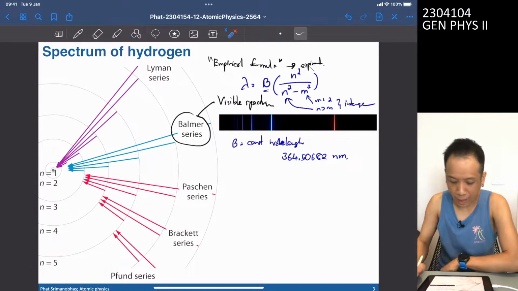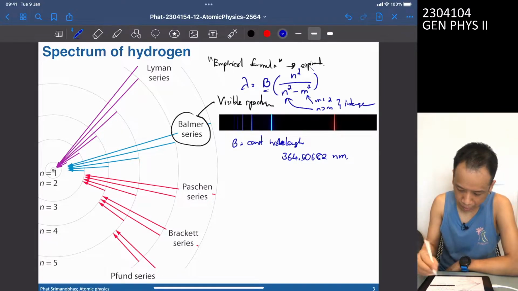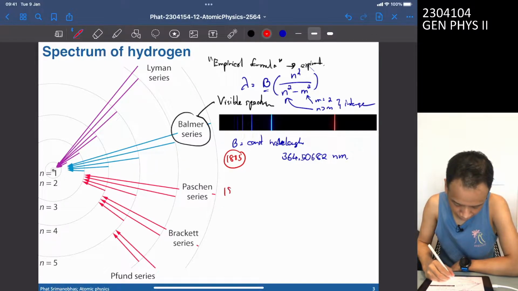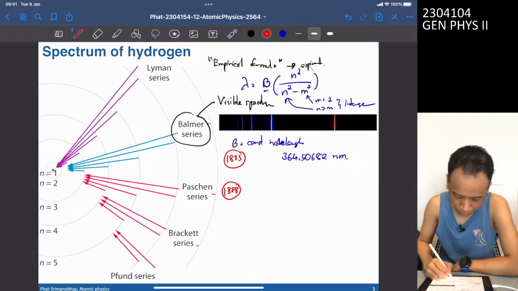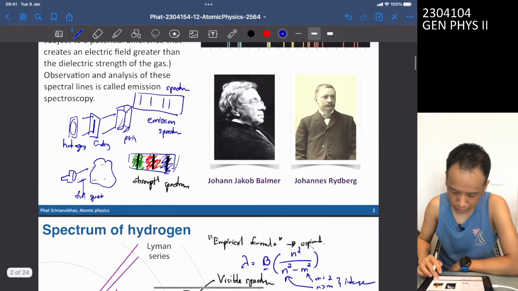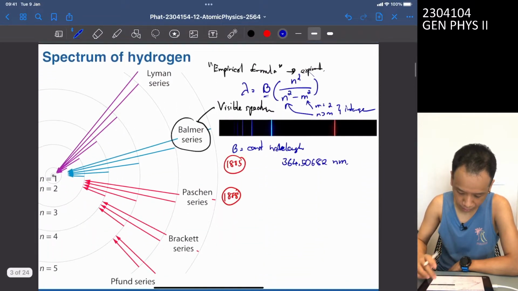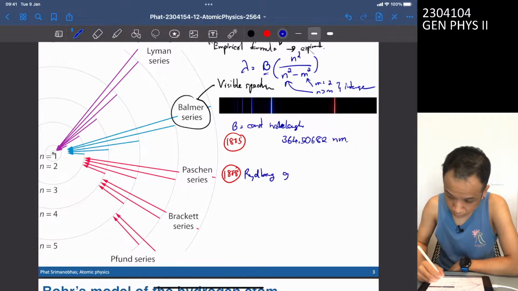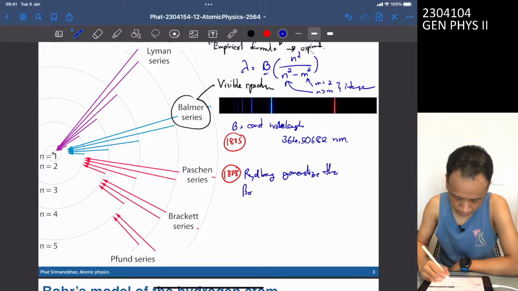This I think happened in 1885, and then in 1888, Rydberg tried to generalize the Balmer formula.